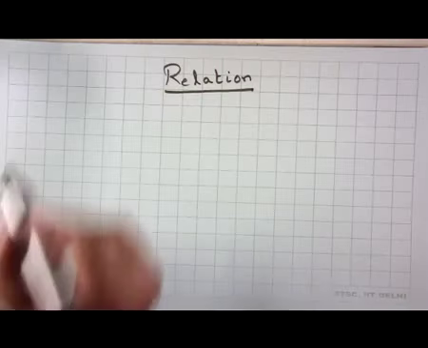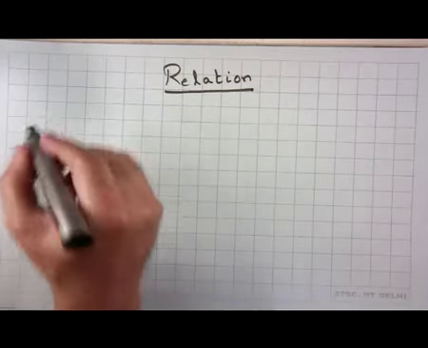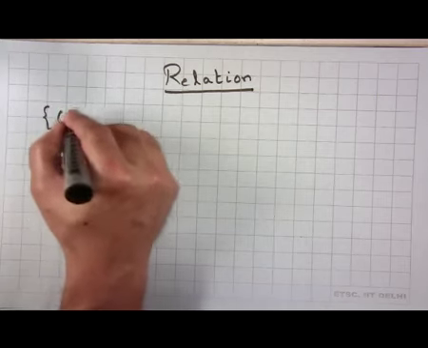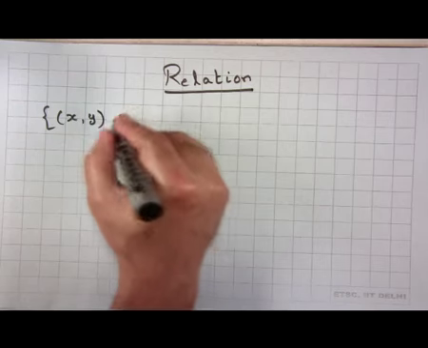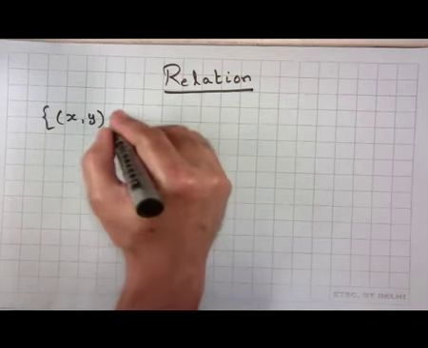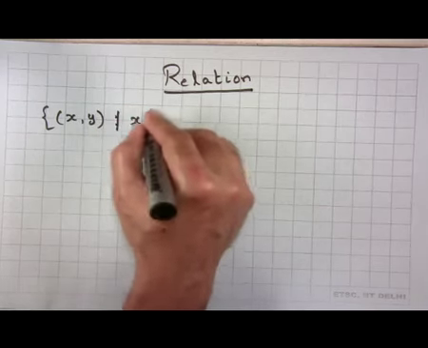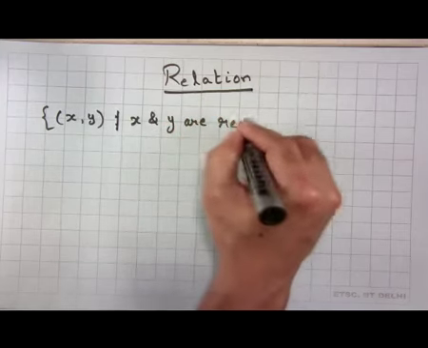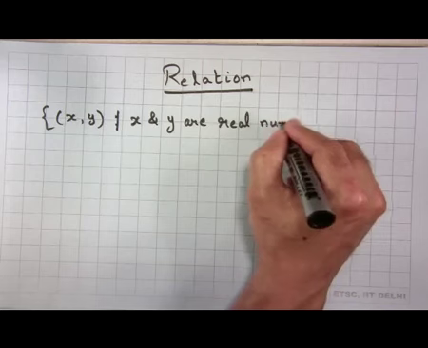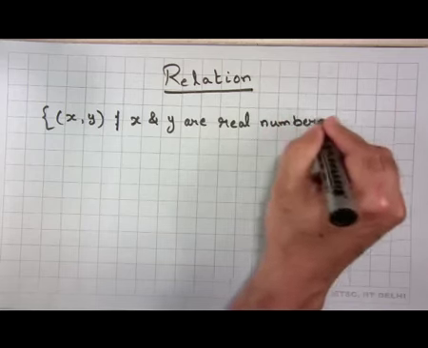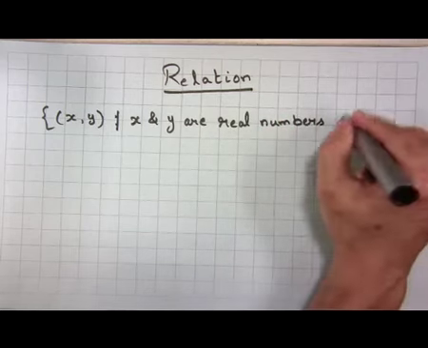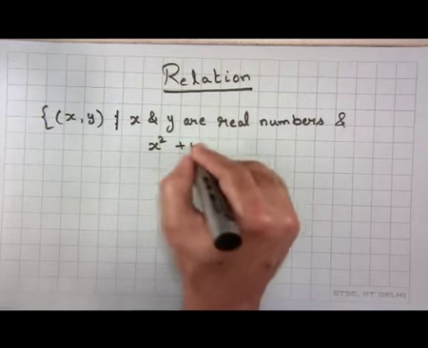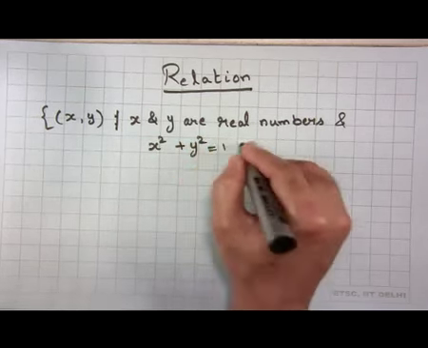Yesterday we had some sets of the following form: all those ordered pairs x comma y such that x and y are both real numbers, and x squared plus y squared is 1.